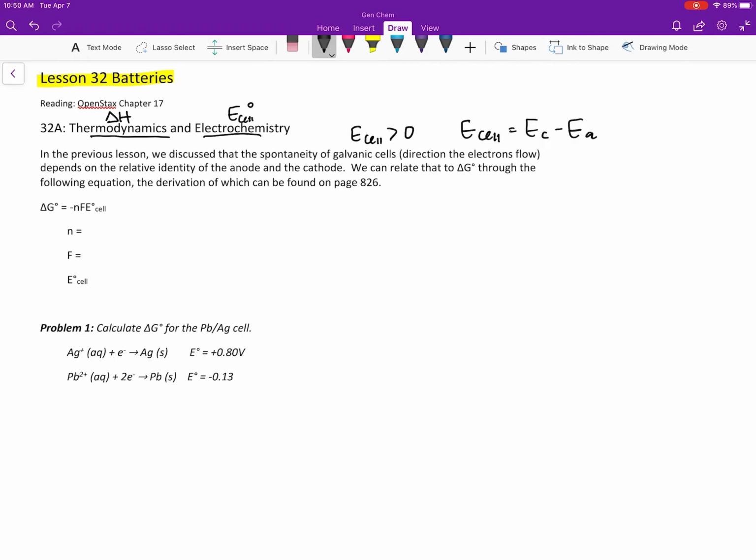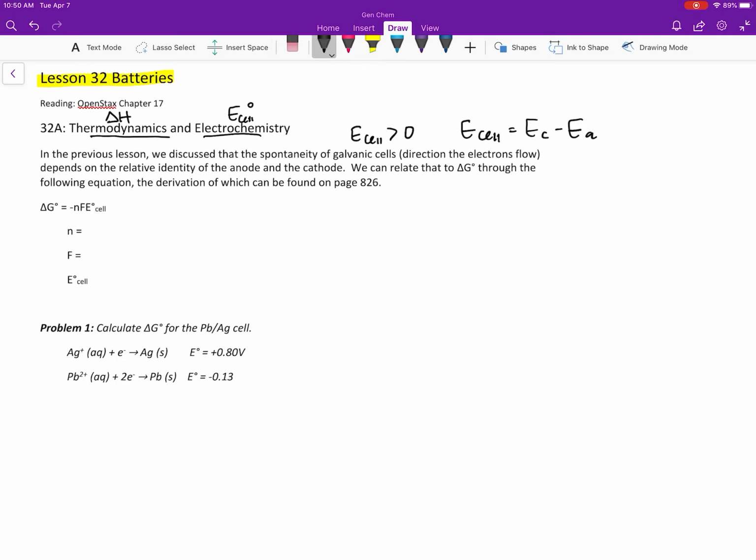So in the lab you saw that if I switch the black and the red leads on zinc and copper, the value may be negative. But if I switch them and put red on copper and black on zinc, then it was a positive value, same magnitude, just positive instead of negative, but same number.